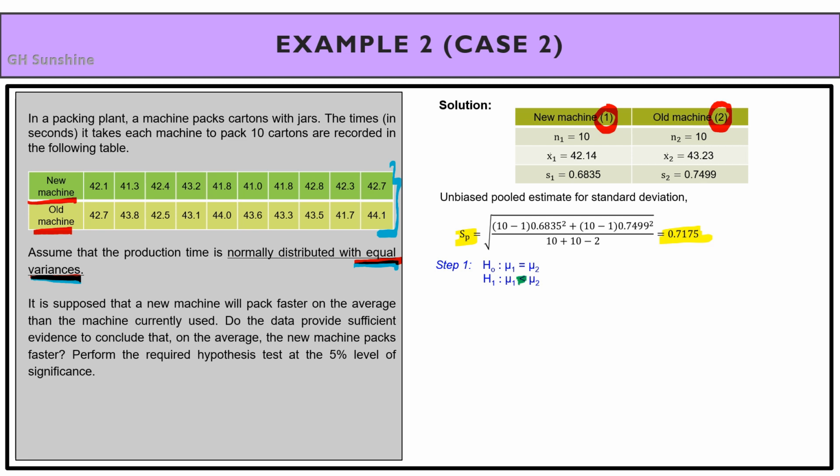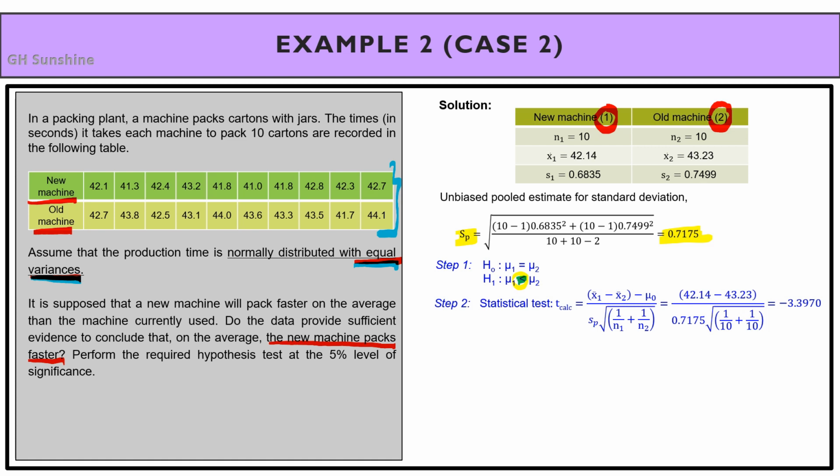Why less than? The new machine packs faster. Means that the production time of the new machine will be less than the production time of old machine. So that's why the symbol used is less than.